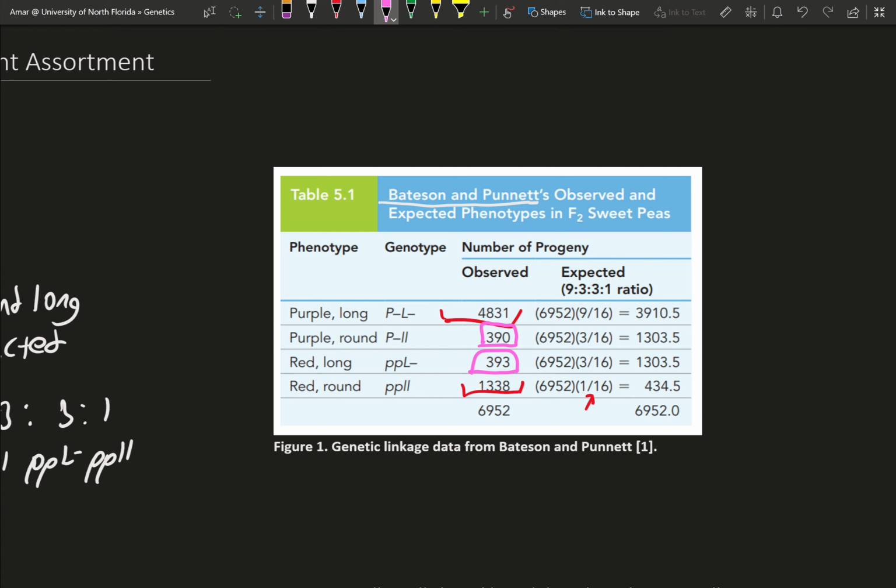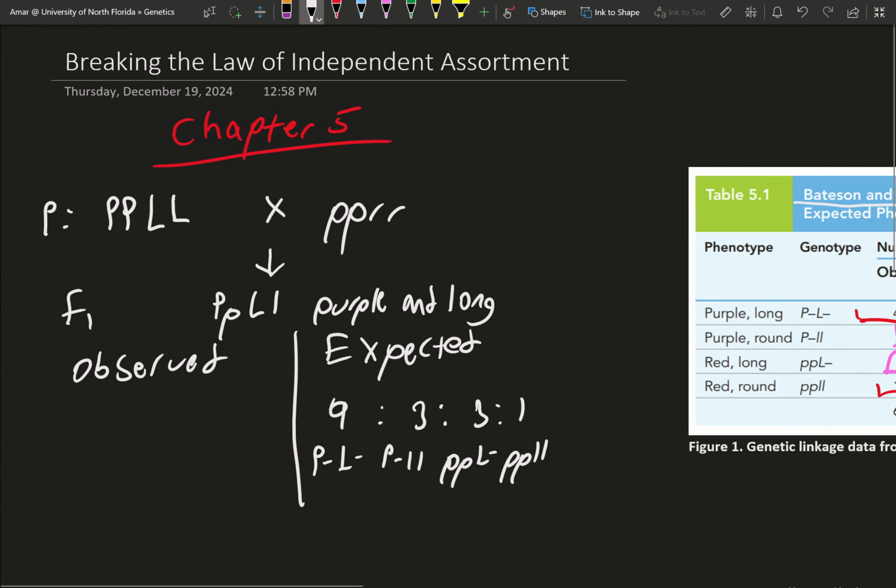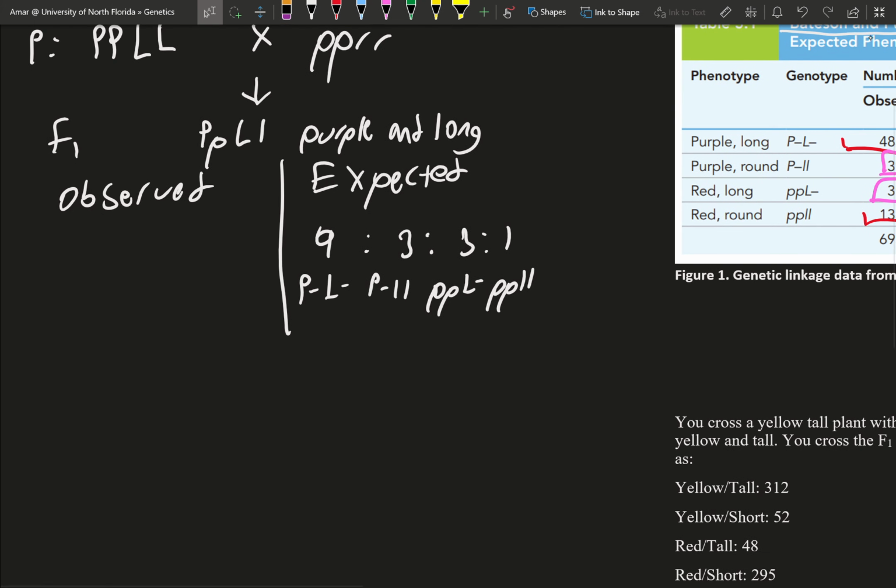The notion is that you have a certain chromosome, and on this chromosome you have both of those genes close together. Let's say this is P and this is L. If they're very close together, they have a lower chance of recombining, so you have a higher probability of developing a chromosome that has the exact same alleles.